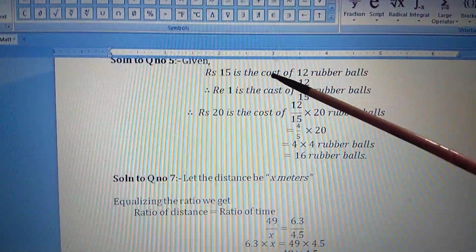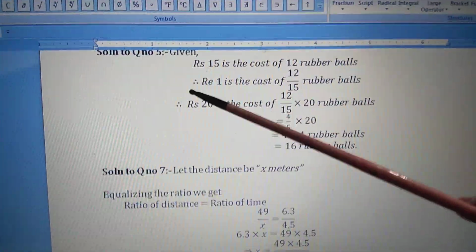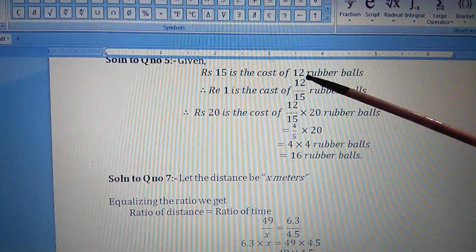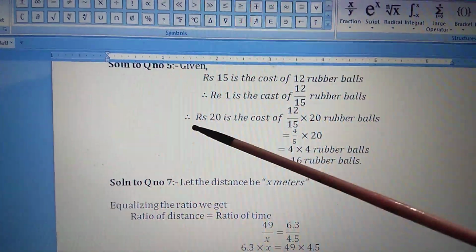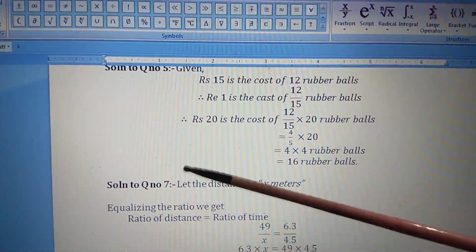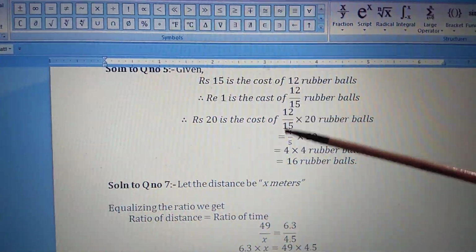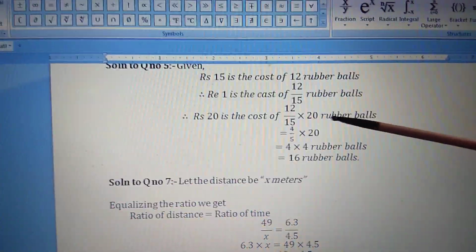Rupees 15 is the cost of 12 balls. So rupee 1 is the cost of 12 by 15 balls. It is asked in 20 rupees how many balls one can get. Therefore rupees 20 is the cost of 12 by 15 into 20 balls.